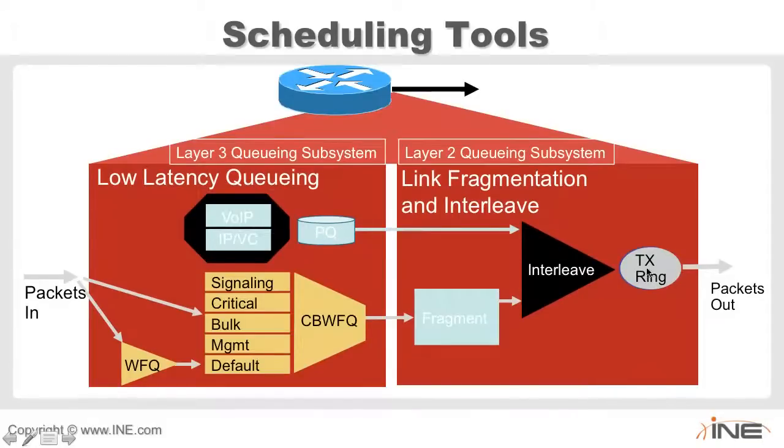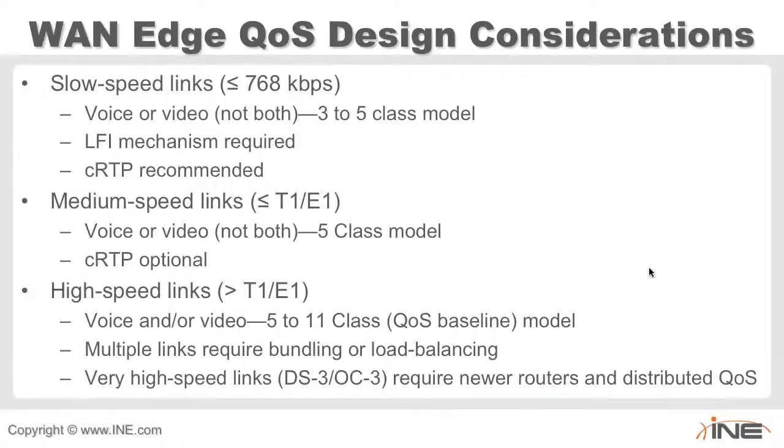but the amount of degradation to the rest of your data, your best effort traffic, will be severely impacted once you go above about 33% for your voice and video for your priority queue traffic, because that priority queue is getting serviced until it's empty.